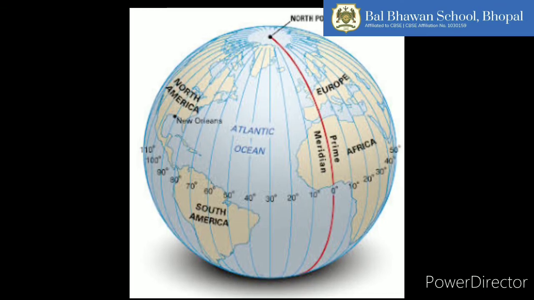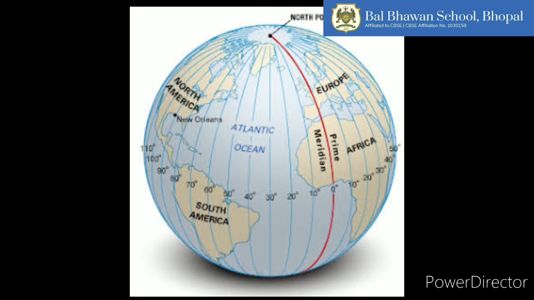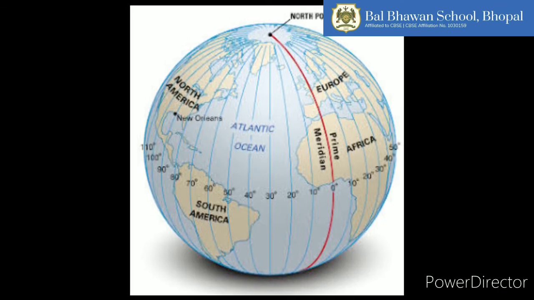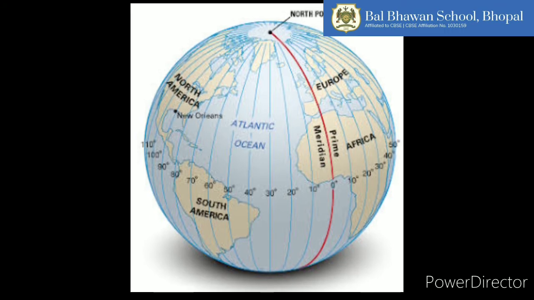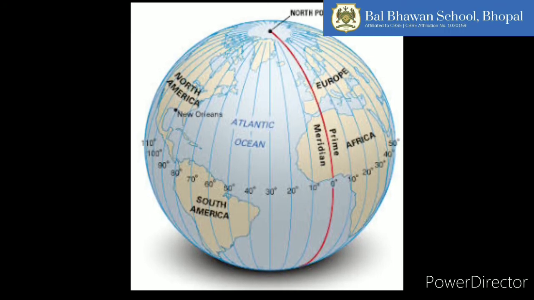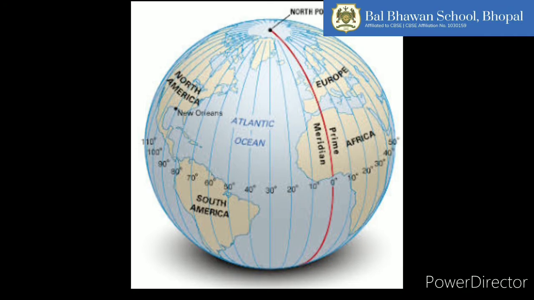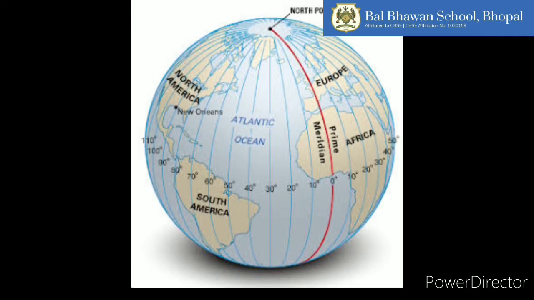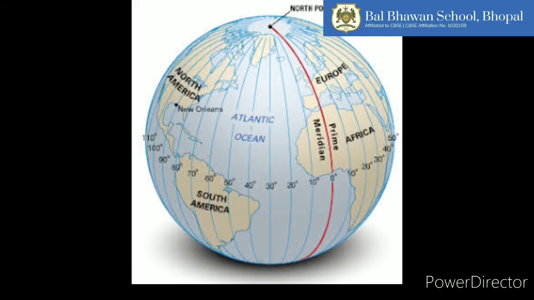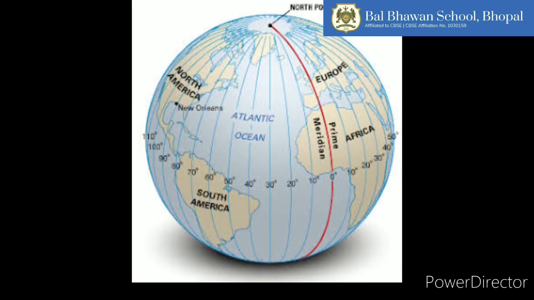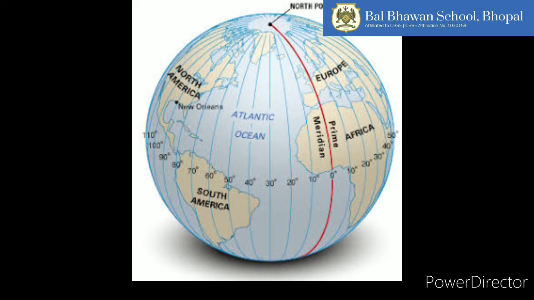Also, the maximum distance between the two meridians is at the equator. And likewise, the distance between two meridians keeps on decreasing as they are moving towards the pole. And as such, at the North Pole and the South Pole, all these meridians are meeting each other.